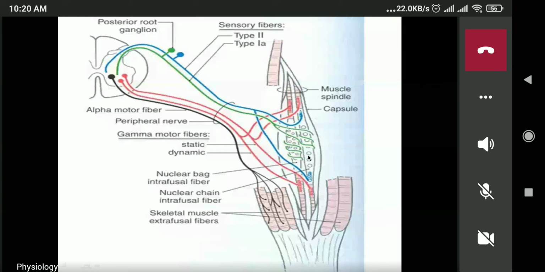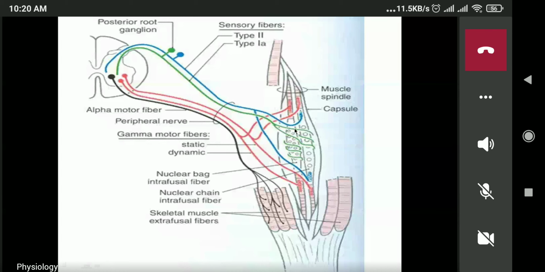Another type is called nuclear bag fiber, because the nuclei are in a swollen part, like a bag.